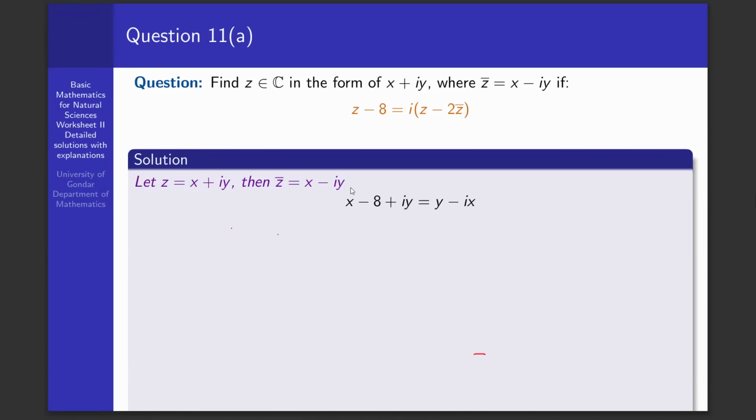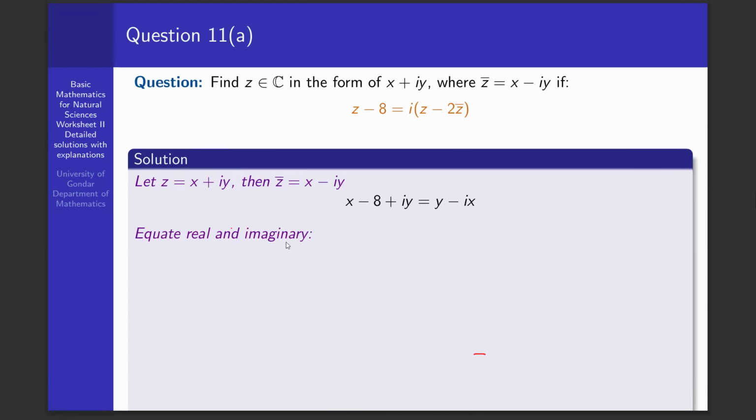And then, sorry, x minus 8 plus iy is equal to 8y minus ix. That means if you substitute this one, we have z minus 8, so that it becomes x minus 8 plus iy is equal to y minus ix.